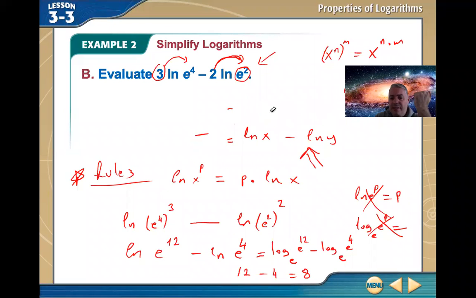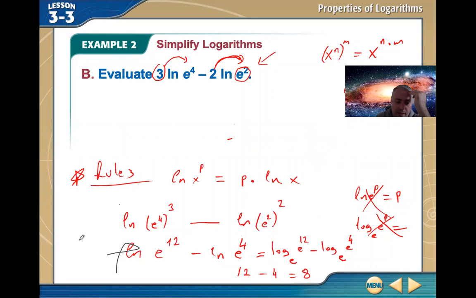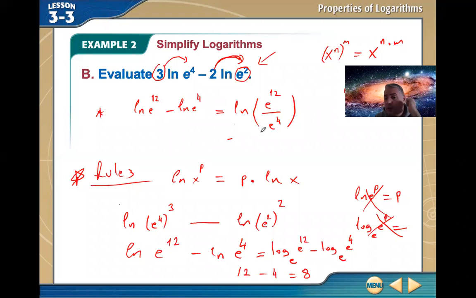But no need, this is shorter if we compare. ln e to 12 minus ln e to 4 is equal to ln of e to 12 divided by e to 4, by using rule number 2.